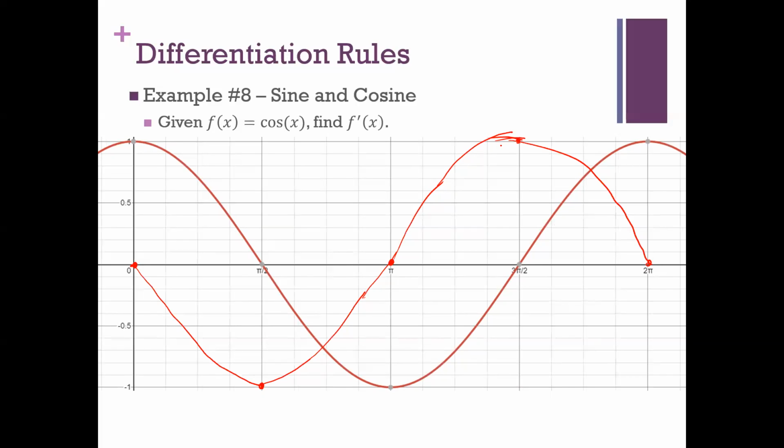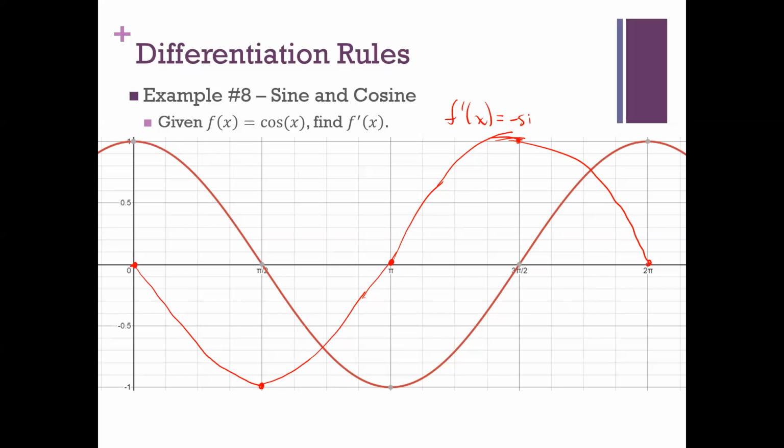I think if this were sine, I would expect sine of 0 is 0. But as the angles get positive, you get positive values out, right? And then sine of pi is 0. But then the sine will go negative. So it's reflected over the x-axis. So based on that, what is this function actually?